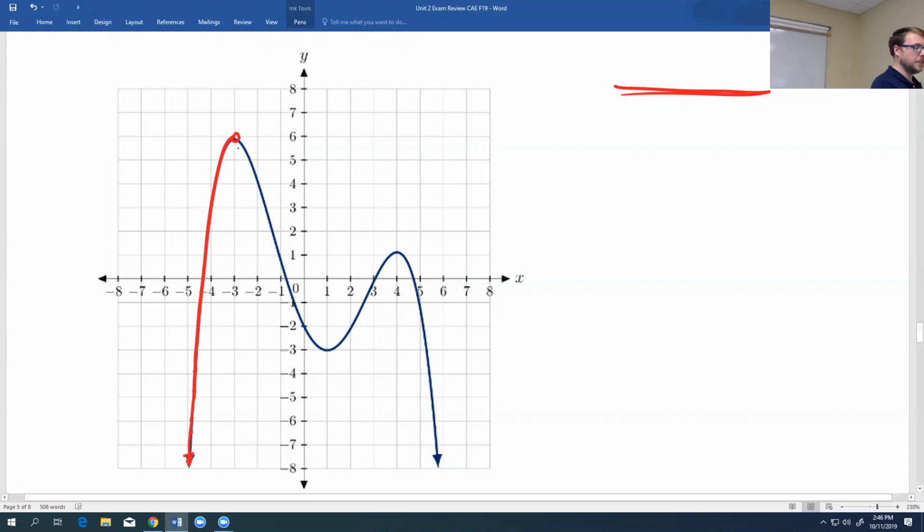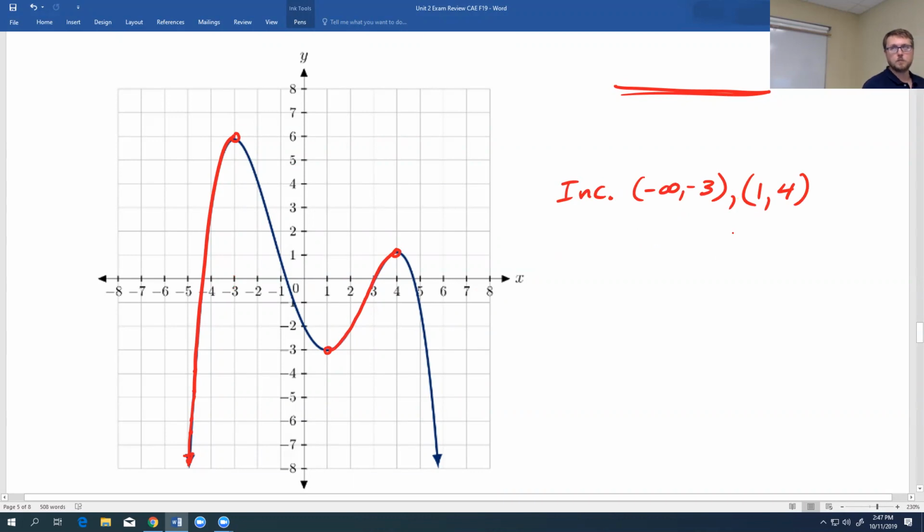Then the next place where that starts happening is here, and it keeps increasing until it gets to here. So it's increasing from -infinity up to -3, and then from 1 to 4.